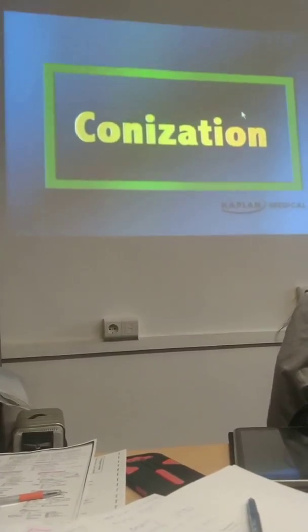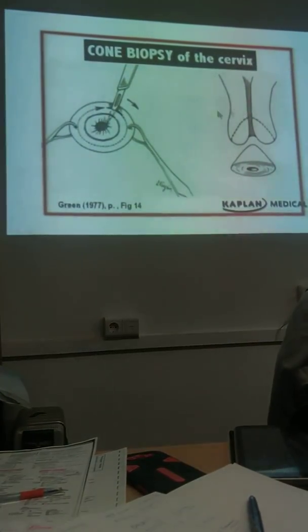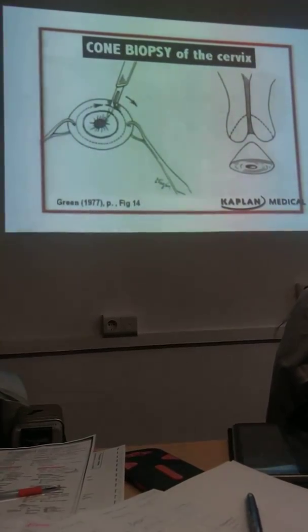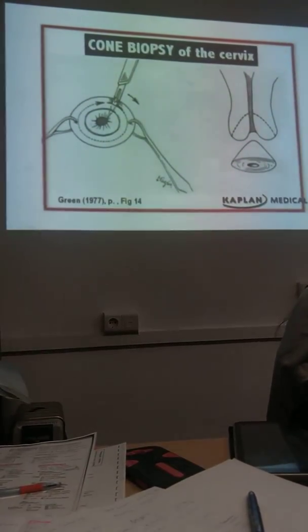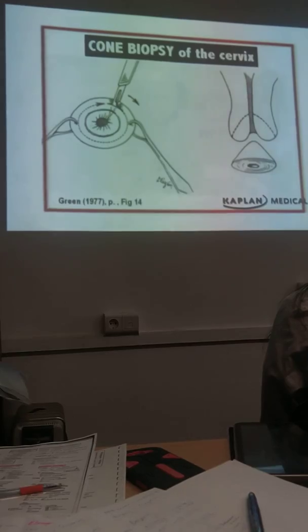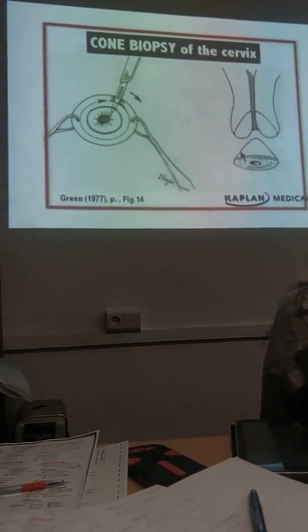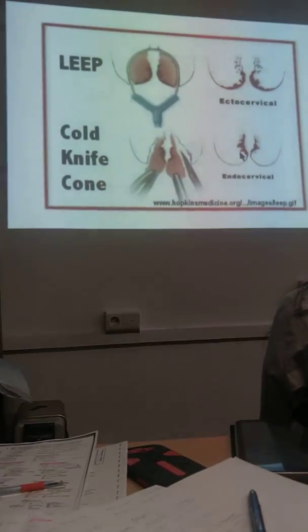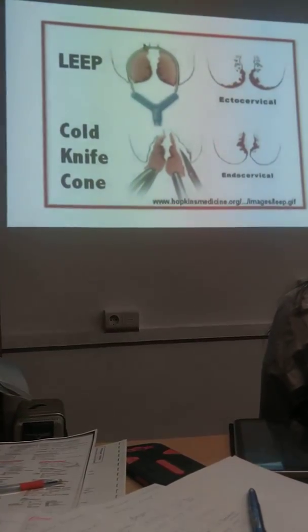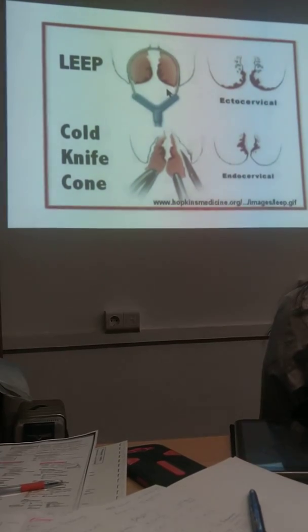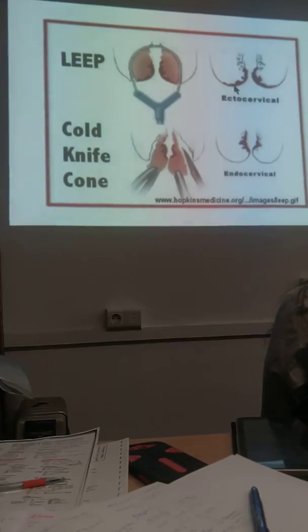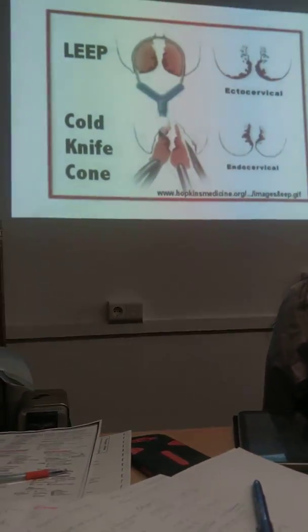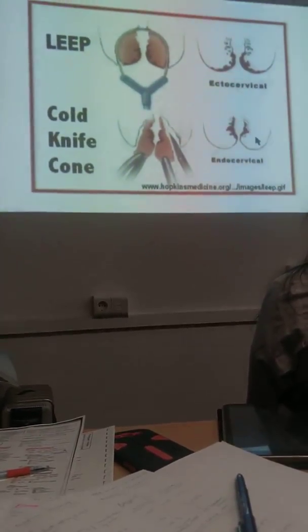Conization, we talked about the 4 indications for conization. You can see with a knife, and it is sometimes called a cold knife as compared to a hot wire, it cuts out a cone-shaped area of tissue. This compares the LEEP, which is done for an exocervical lesion, and the cold knife, which is done for an endocervical lesion.